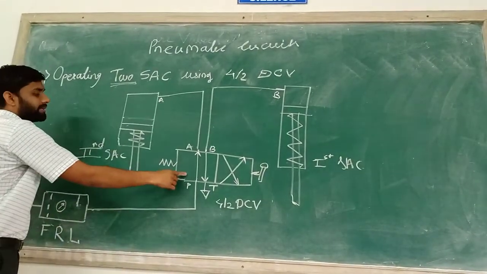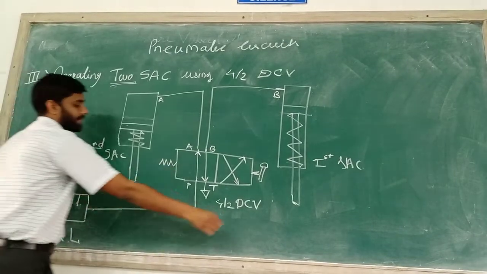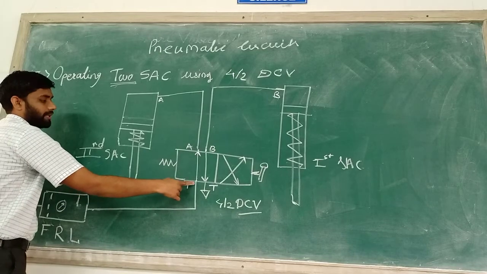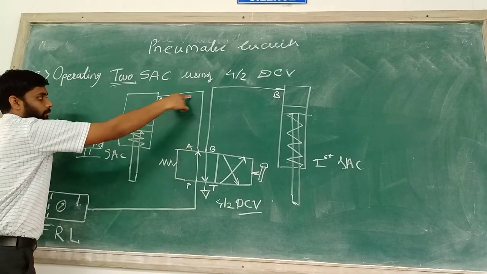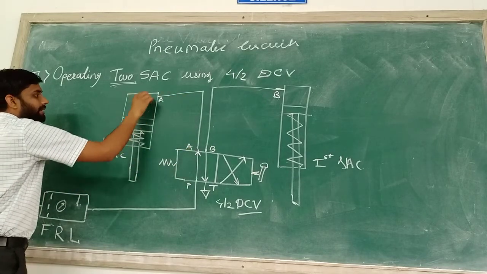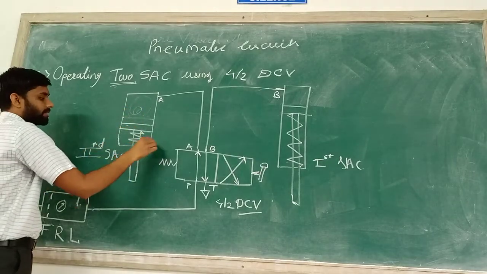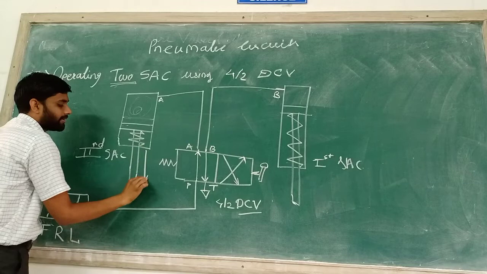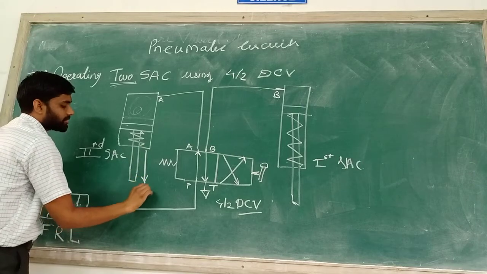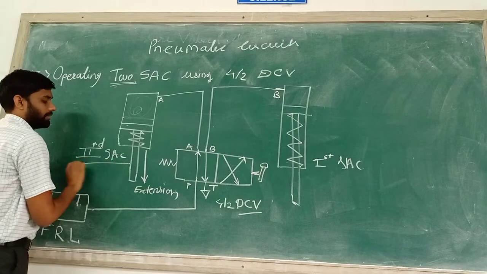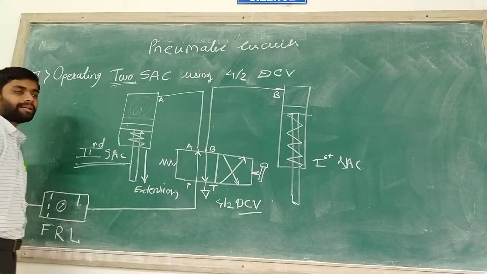So what is happening in this first position of this direction control valve? The air coming from this port P is going to this port A, and from this port A it is coming in that area of this piston, and it is pushing this piston in the downward direction, so that we are getting the extension in the second single acting cylinder.